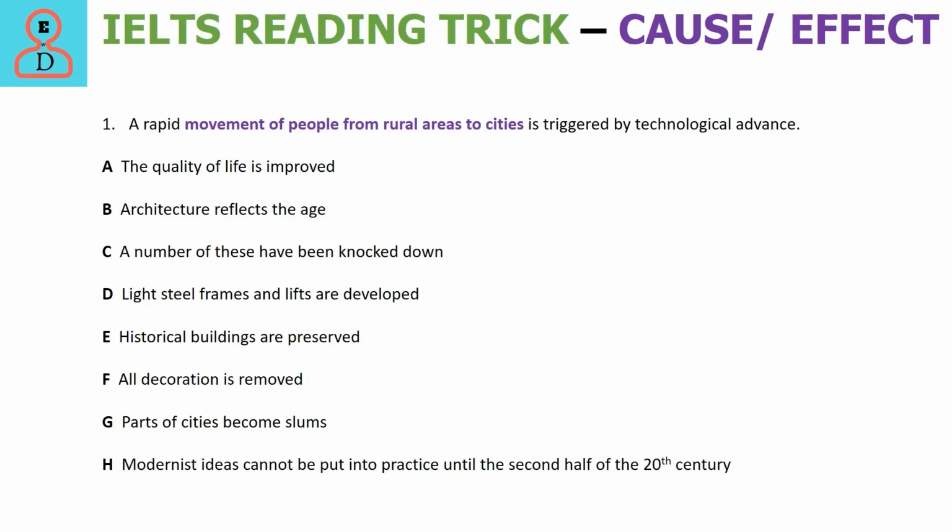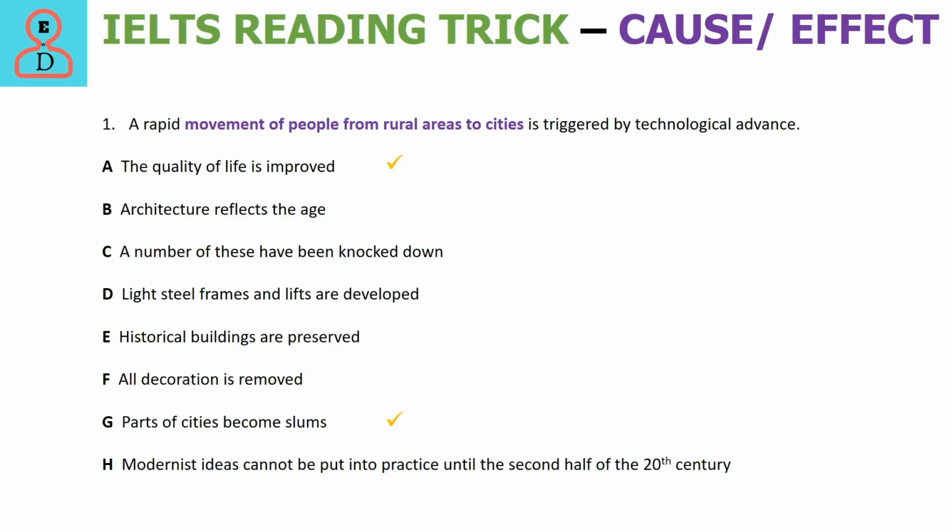First of all, look at all the options and shortlist those that fit logically with people and their movement to the city. Only 2 such options are there. First is A, that is, when people go to the city, their quality of life is improved. And second is G, that is, parts of cities are converted into slums.